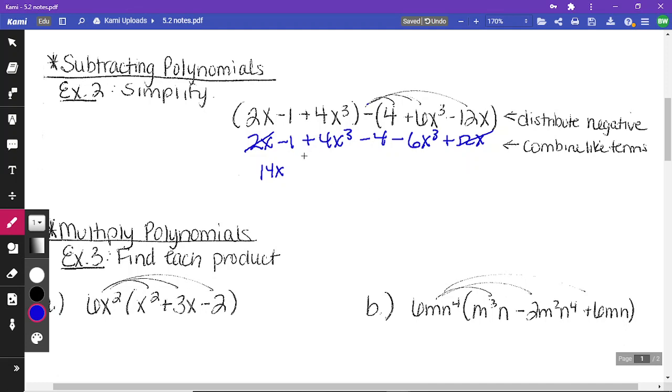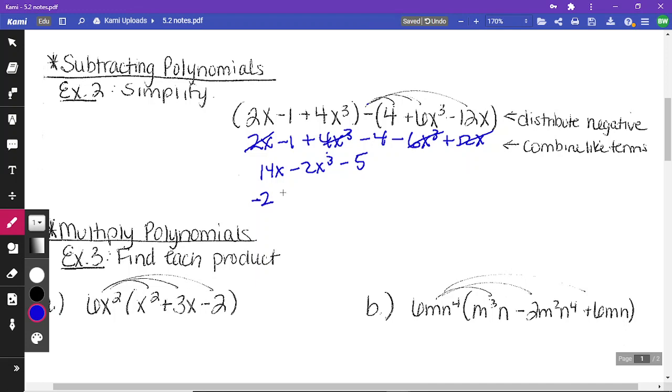And now we have 4x cubed minus 6x cubed. So that's negative 2x cubed. All that's left is the numbers. Negative 1 minus 4, so that's negative 5. Okay, and then we'll write that in descending order by the exponent. The largest exponent here is 3, so we'll put that term first.